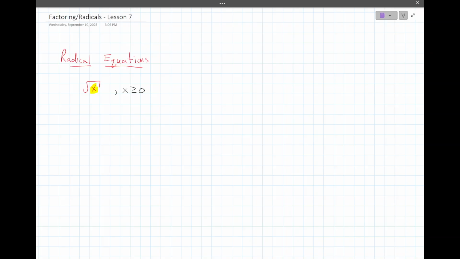This is going to lead to the next thing: if I have the root of x plus 2, this part here, x plus 2, all together has to be greater than or equal to 0. So x plus 2 has to be greater than or equal to 0. I can subtract 2 from each side, and I'll get x is greater than or equal to negative 2.